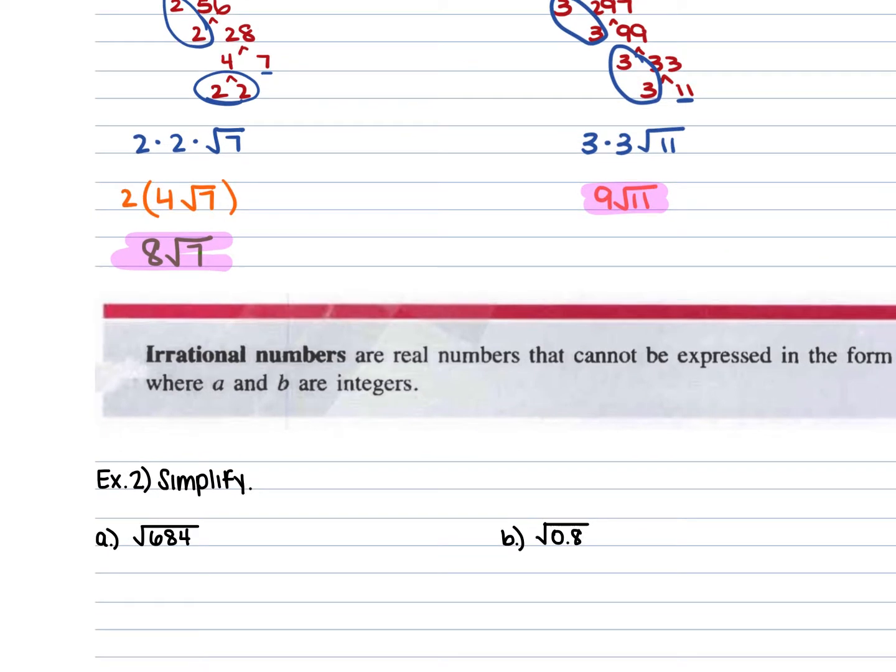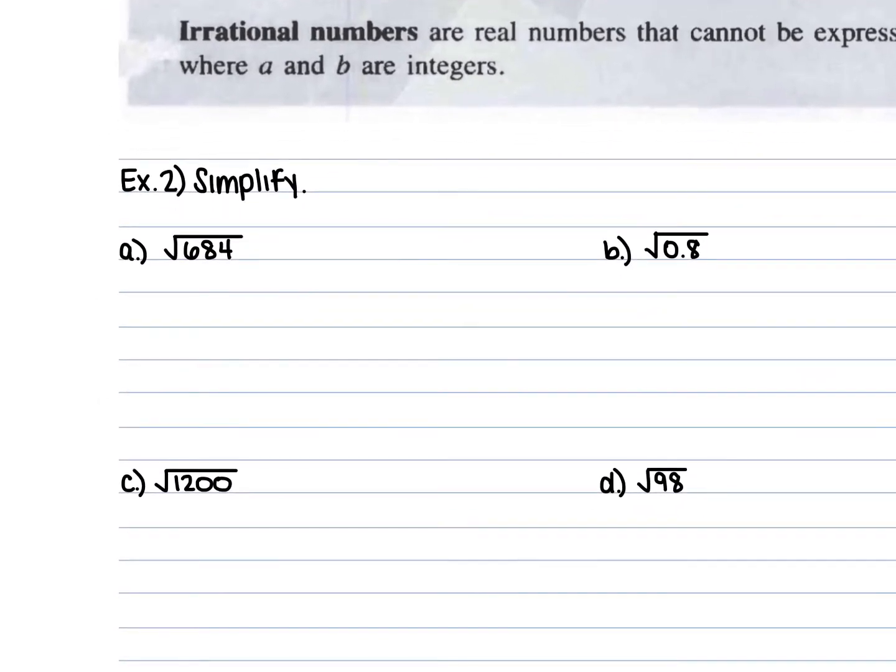For the next set of examples, for example 2a, we have the square root of 684. We can divide this 684 by 4. It would go in a total of 171 times. That 4 is 2 times 2. That 171 we can divide by 3.